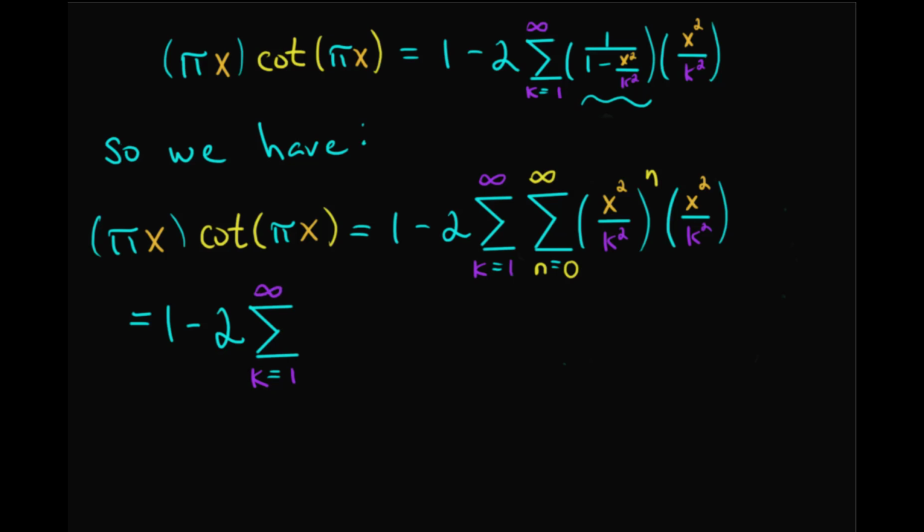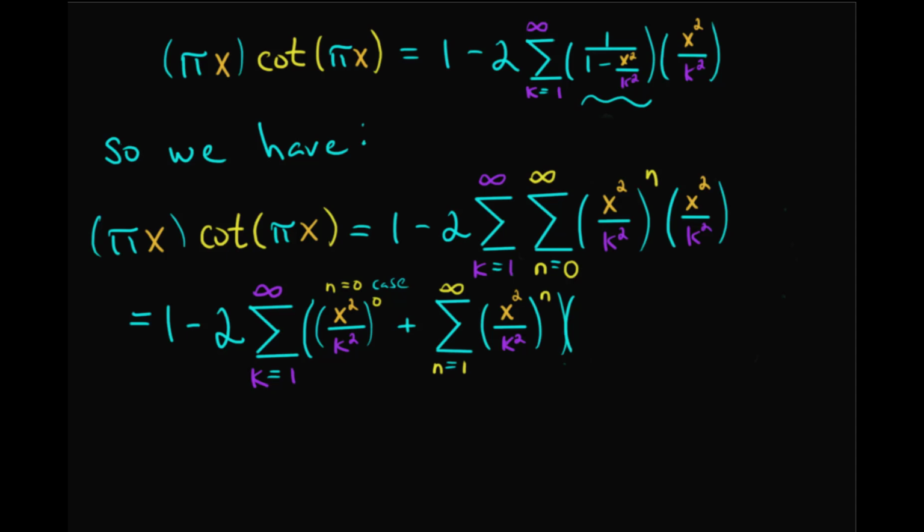This will equal 1 minus 2 times the sum from k equals 1 to infinity of open parenthesis. And now I'll just write the n equals 0 case first. That's x squared over k squared to the 0. And now I'll write the rest of the sum plus the sum from n equals 1 to infinity of x squared over k squared to the n, close parenthesis, okay, that's the inner sum there, times x squared over k squared.